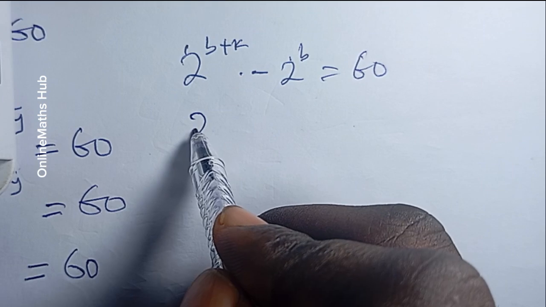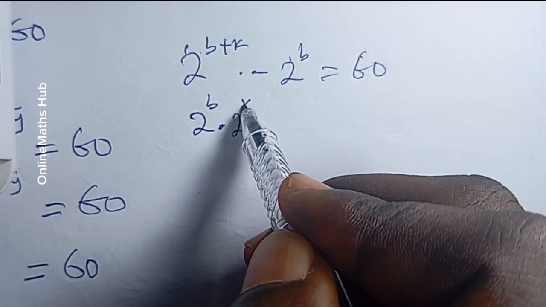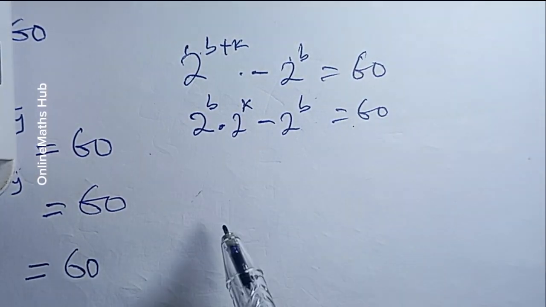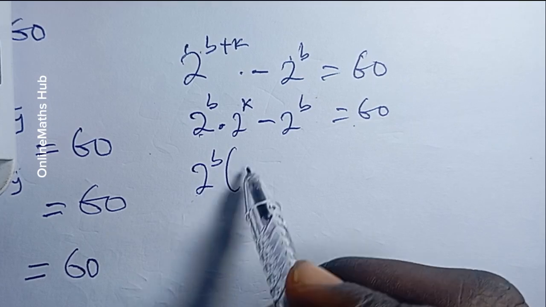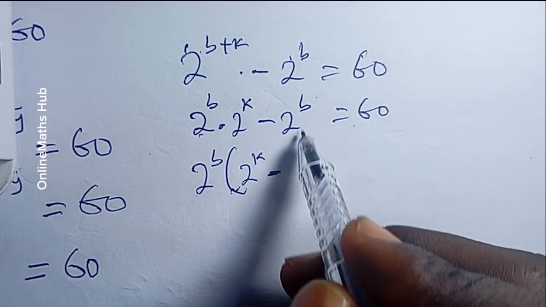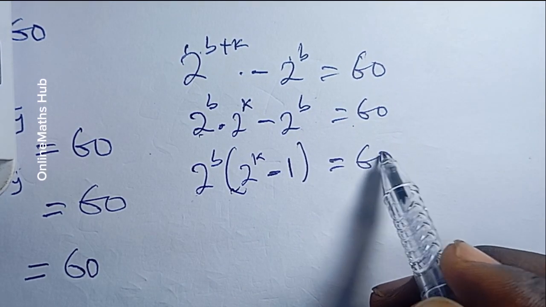This is going to be 2 power b multiplied by 2 power k, minus 2 power b, is equal to 60. We can factorize this 2 power b right here, so that we have 2 power b times 2 power k minus 1 is equal to 60.